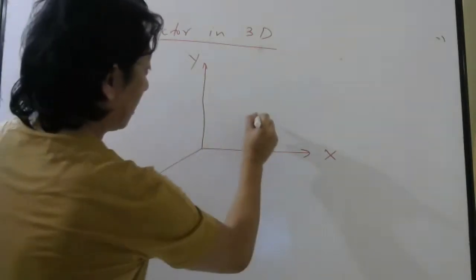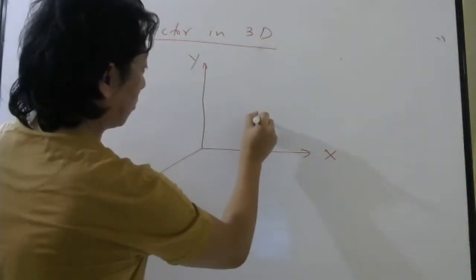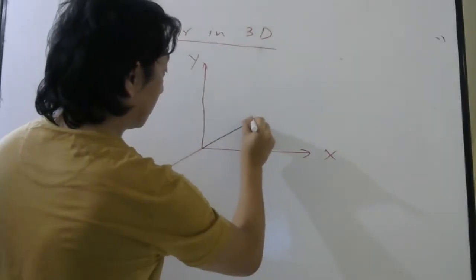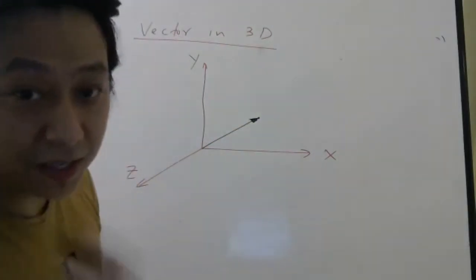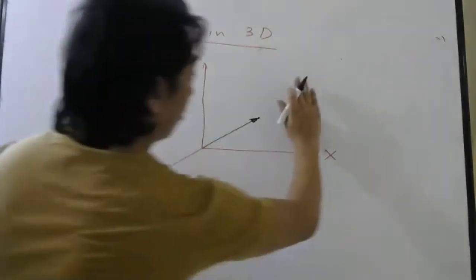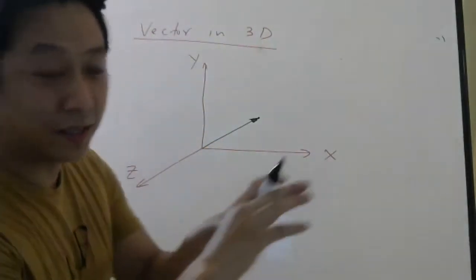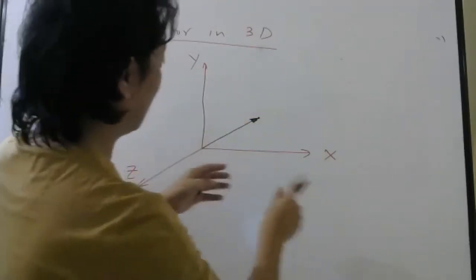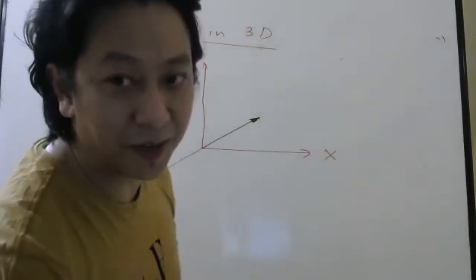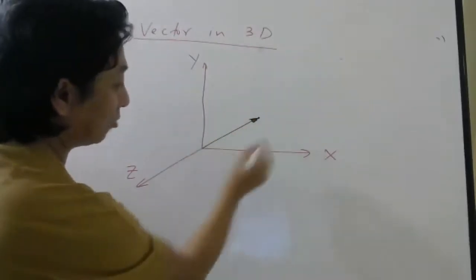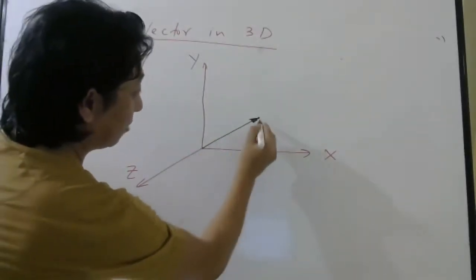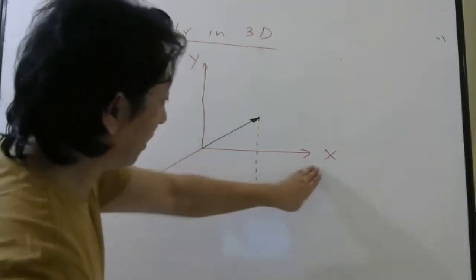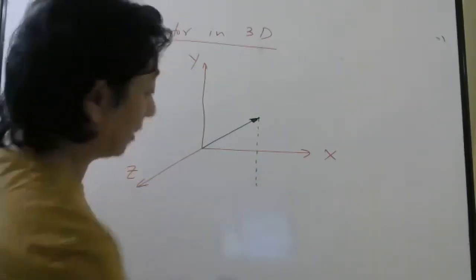Now look here. Imagine there is a vector somewhere here, like this. Now, please understand this vector is not on the xy plane. It is somewhere like this. Okay, I am not able to, so I will draw a cube and explain. But before that, first you try to observe. If this is a vector, then what I do, I drop a perpendicular on this plane, the xz plane.